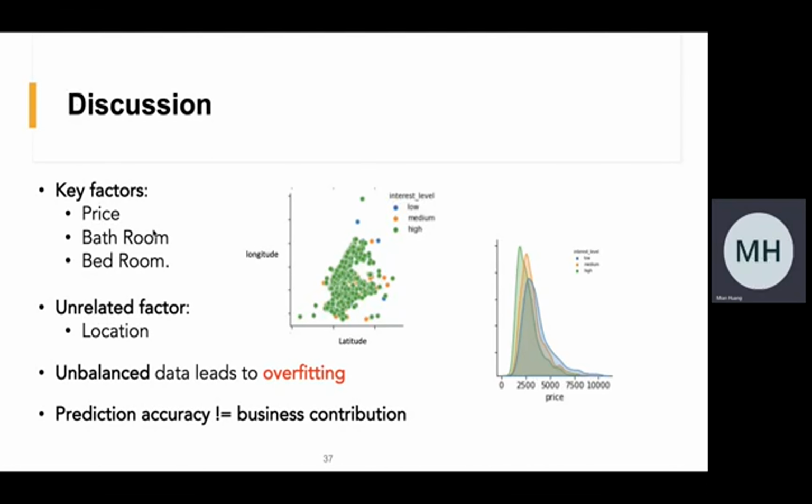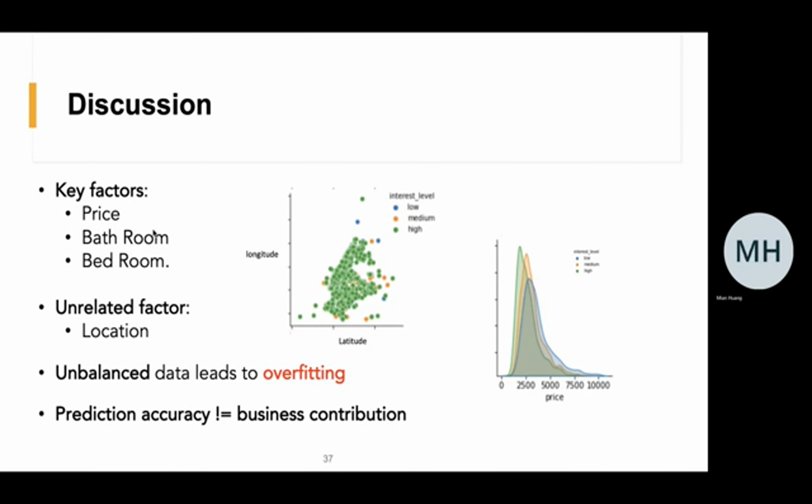At the beginning of this project, we thought the location may influence the customer's choice. With a better location or better community, the apartments may be more attractive for the customer.